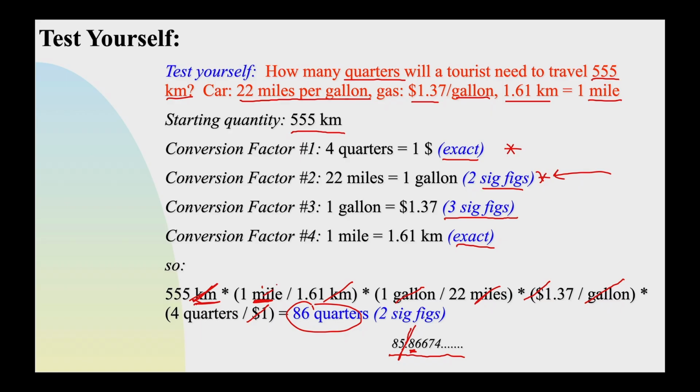Just do it all without hitting enter. Also, you don't have to go 555 divide 1.61 times 22 parentheses. That's too much work, all right? Literally, 555 divide button 1.61 divide button 22 times 1.37 times 4. That'll give you all in one stop, the fewest buttons punched on your calculator. I'm trying to save you time, I really am. Anyway, all stuff you can do.